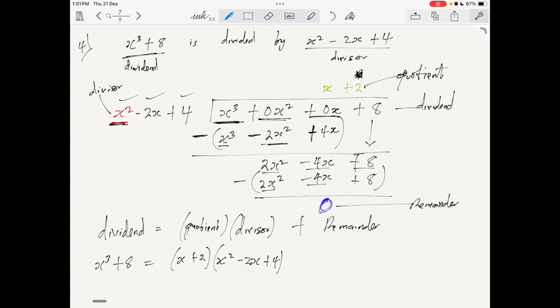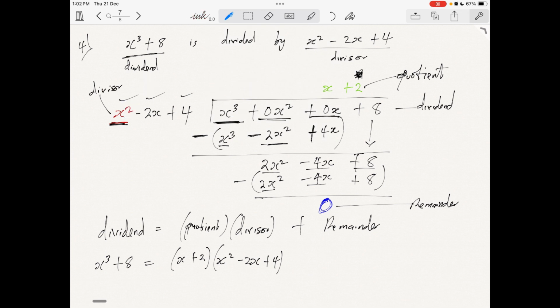So you can try a lot of questions, okay, and we should note that whenever the degree of the divisor is greater than the degree of the dividend, the division is not possible, because the degree of the dividend must be higher. I repeat, the degree of the dividend must be higher than the degree of the divisor. Let's see here, the degree of the dividend here is 3, okay, and the degree of the divisor here is 2.